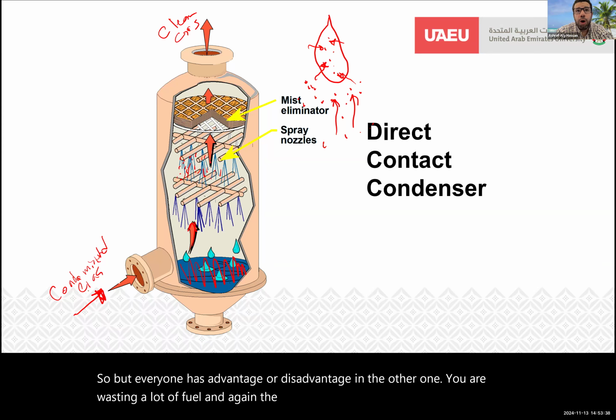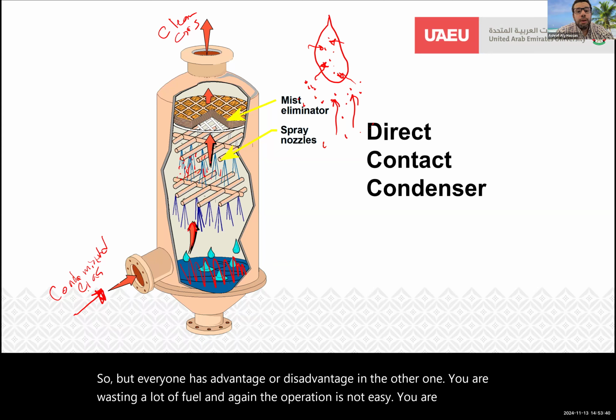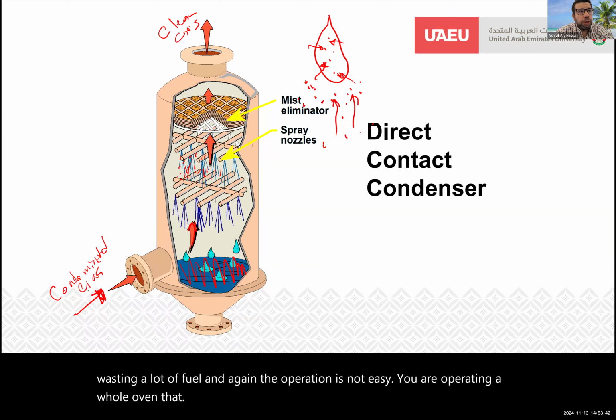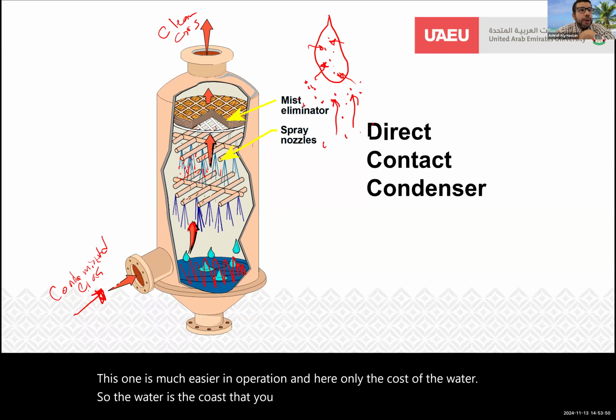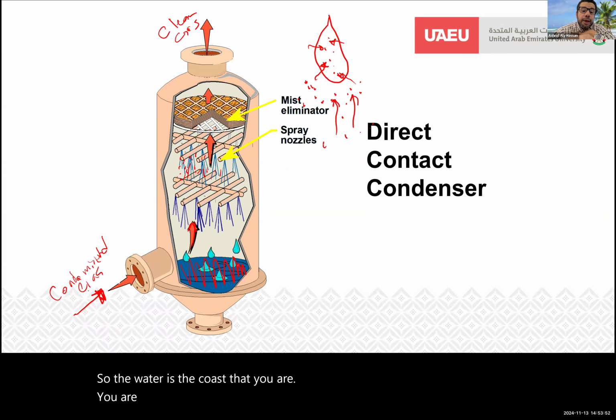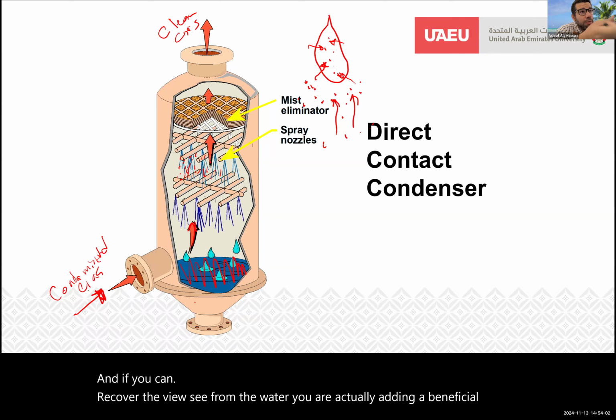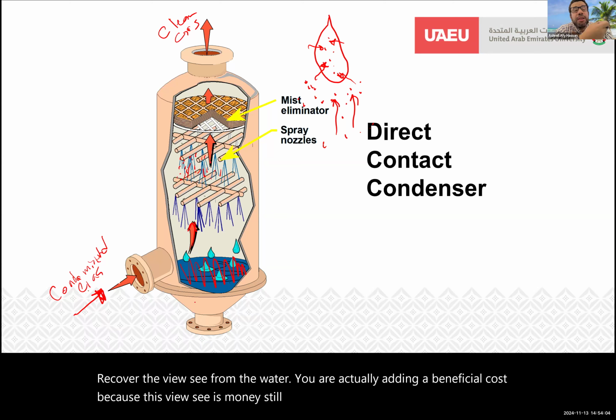You are operating a whole oven. This one is much easier in operation, and here only the cost of the water. So the water is the cost that you are paying. And if you can recover the VOC from the water, you're actually adding a benefit, because this VOC is money. It's still fuel, or maybe it's a product.